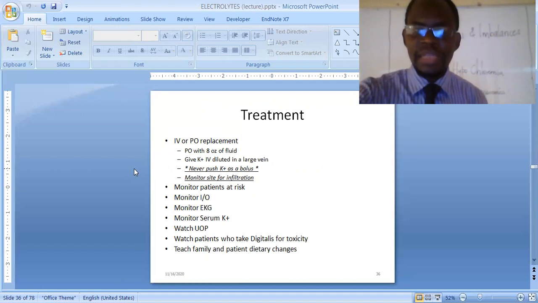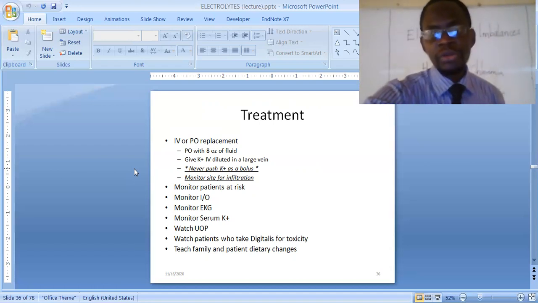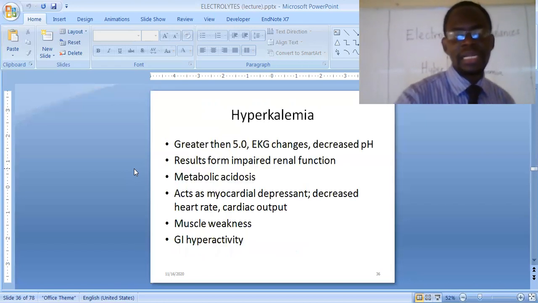Then monitor the serum, watch out for urine output, and watch patients who take digitalis for toxicity, because if you have a low potassium and you take digoxin, then a low potassium basically brings about toxicity of digoxin, as we shall see more. So you teach parents and families about dietary changes.